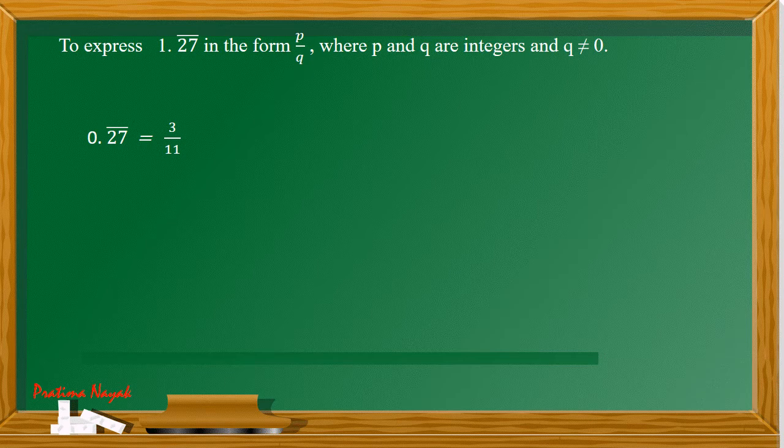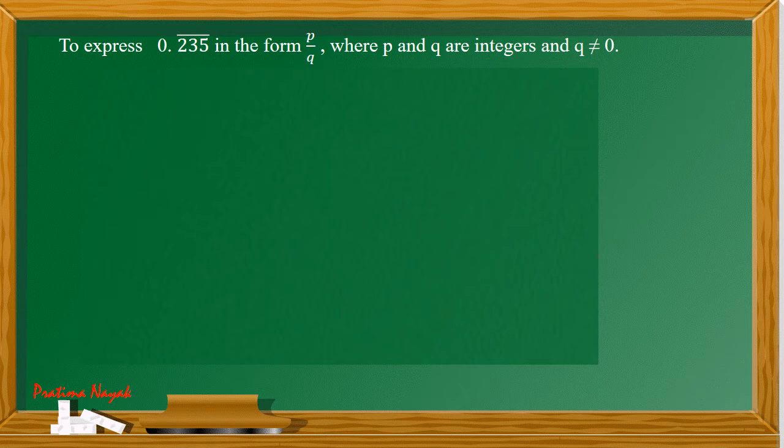Now it is 1 whole, keep it separate, just put 1 before this rational. So 1.27 bar is equal to 1 whole, 3 by 11. It will be 14 by 11. If it is 2.27 bar, it will be 2 whole, 3 by 11.